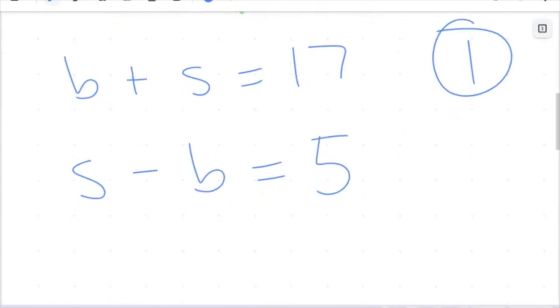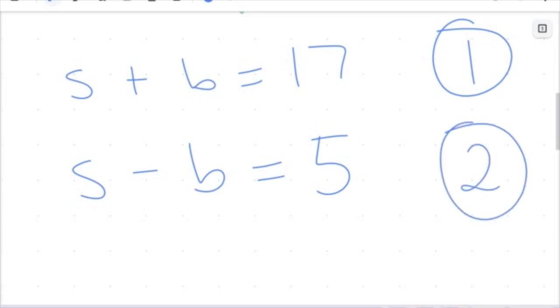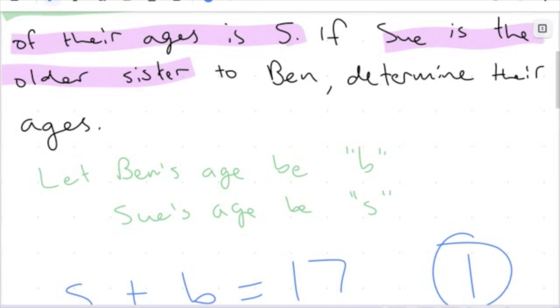Okay, now let me actually rearrange some of these because I've got Sue on the left, Ben on the right down here. So I'll do the same up the top because when we add, the order doesn't matter. Okay, so now we've used this information, we've broken it down and made it into a simultaneous equation. That's the hardest bit.